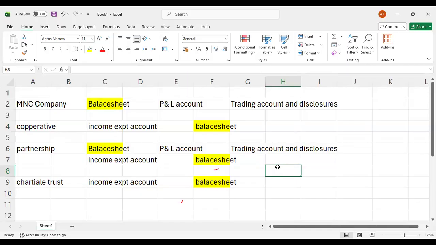final accounts. Now, cash flow, fund flow, and different annexures are not considered a core part of your financial statements. They are recognized as complementary parts, and all of these are considered as a combined part of my financial statement.